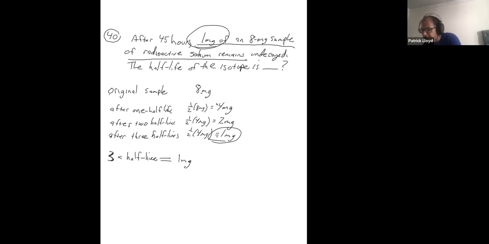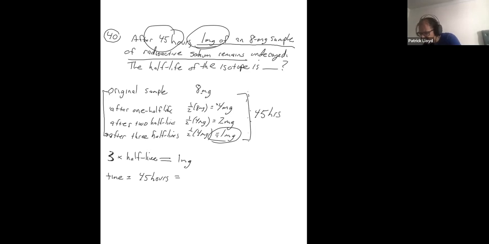So now what I'm going to do is I'm going to take the amount of time. The amount of time is 45 hours. Okay. Well, that's our total time. So the amount of time it took right here is 45 hours. So all we got to do is divide that by 3. 1 half-life, 2 half-lives, 3.